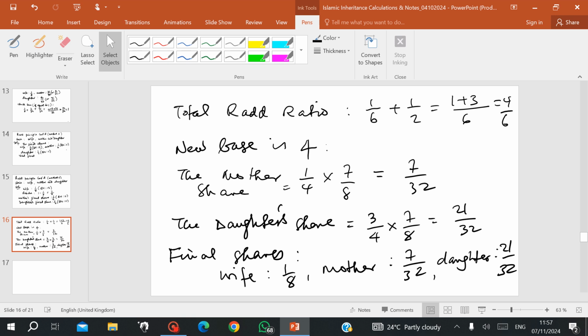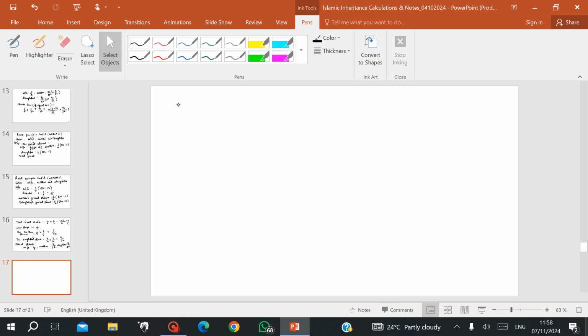So let me quickly add here that apart from the spouse that are not entitled to radd, we have the following 8 heirs that are entitled to radd.